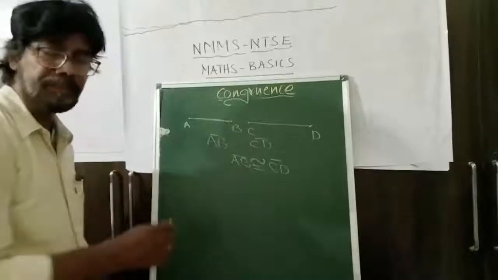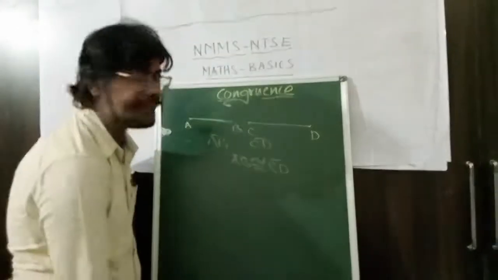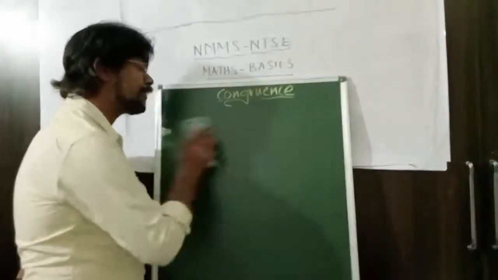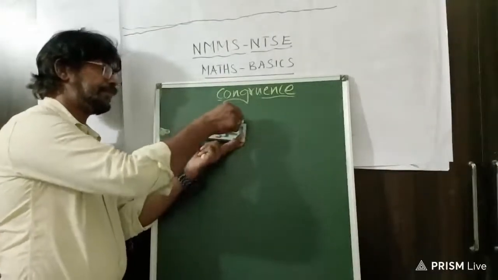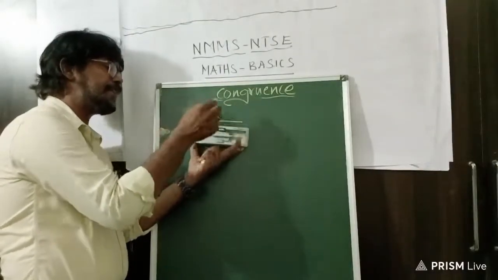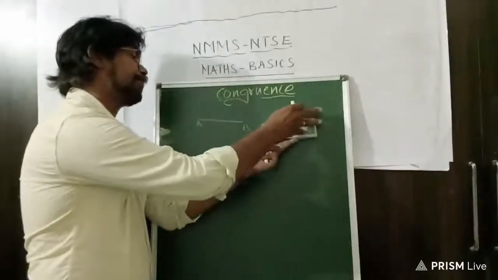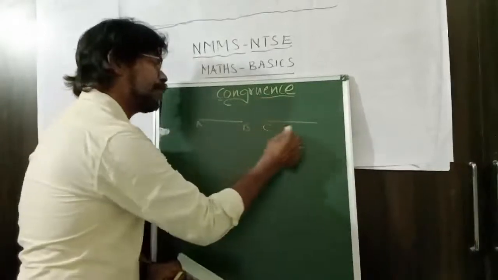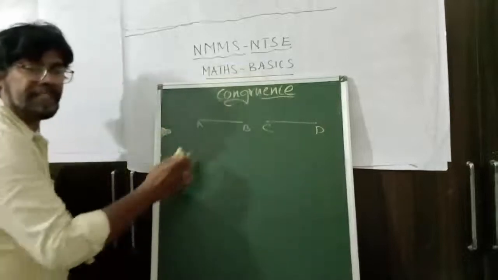Okay, now we see the property of congruence. If two lines, AB is a line and BC is another line, CD is another line, line intercept.